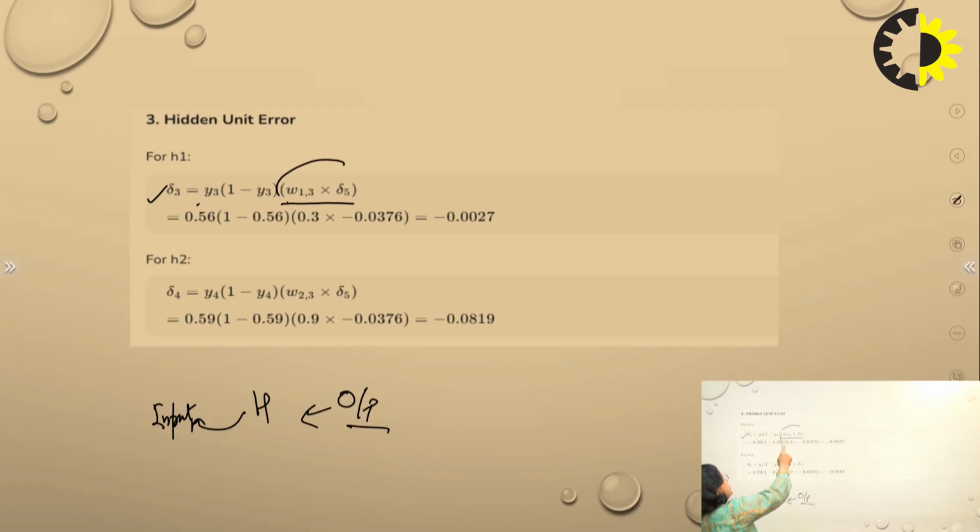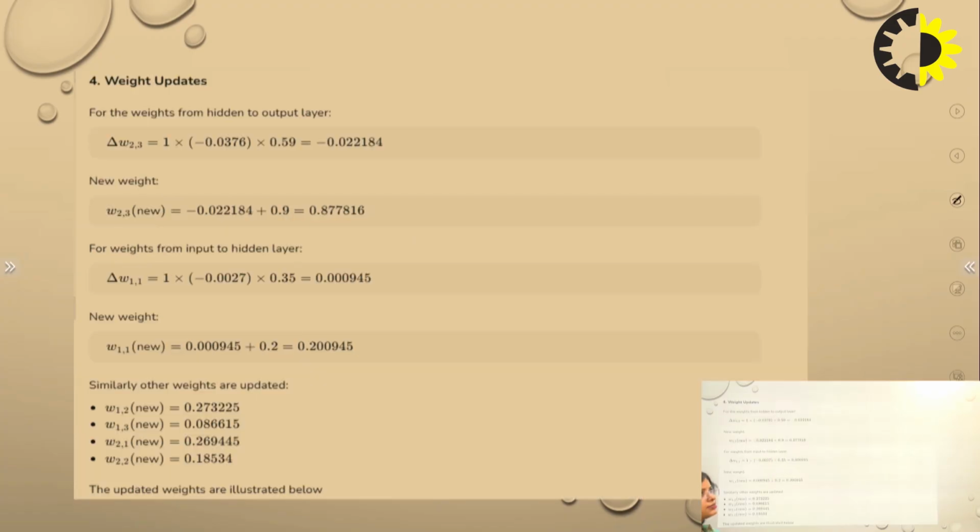The weight changes with respect to the gradient of the next layer. The output layer has produced some gradient, and this gradient is multiplied by the weight of the previous layer. Accordingly, we calculate the unit error of node H2. So delta 4 is equal to Y4, 1 minus Y4, times the weights, and we calculate the delta 4 value.